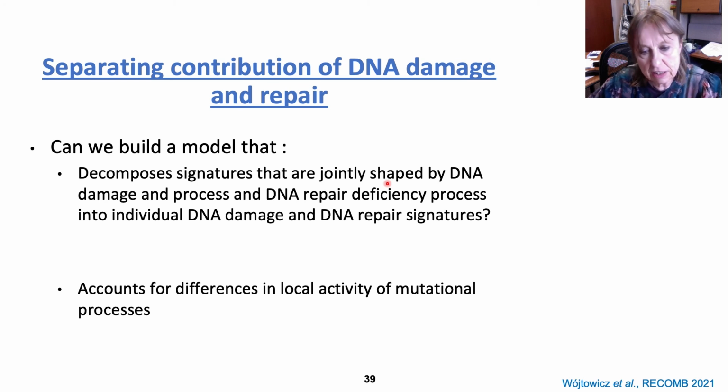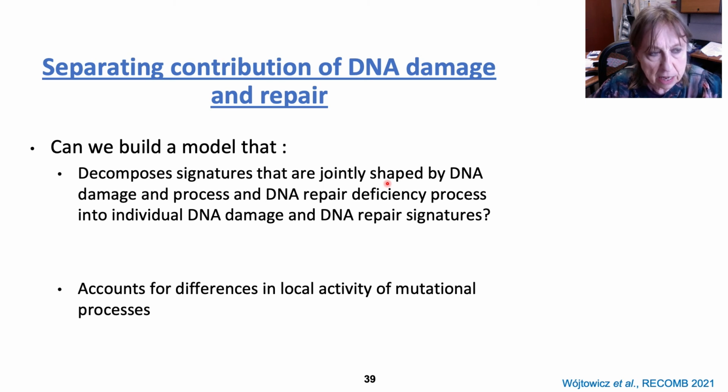So reprint provided proof of principle that it is possible to identify those mutational signatures that correspond to composite DNA damage and repair processes, where the second step, the DNA repair process, is the same.